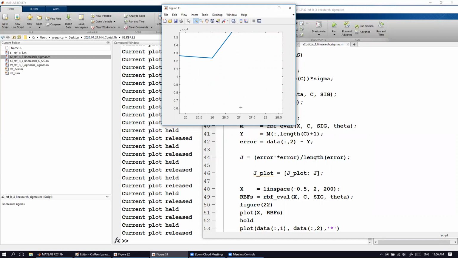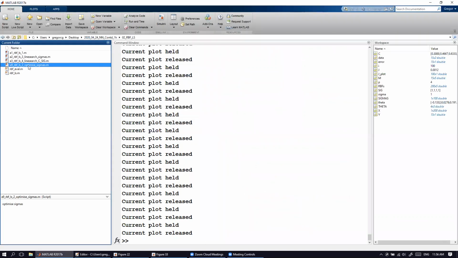So the moral of the story is that regularization here is very, very important. And I'm going to do the same thing when I want to optimize the sigmas. So what happens here?